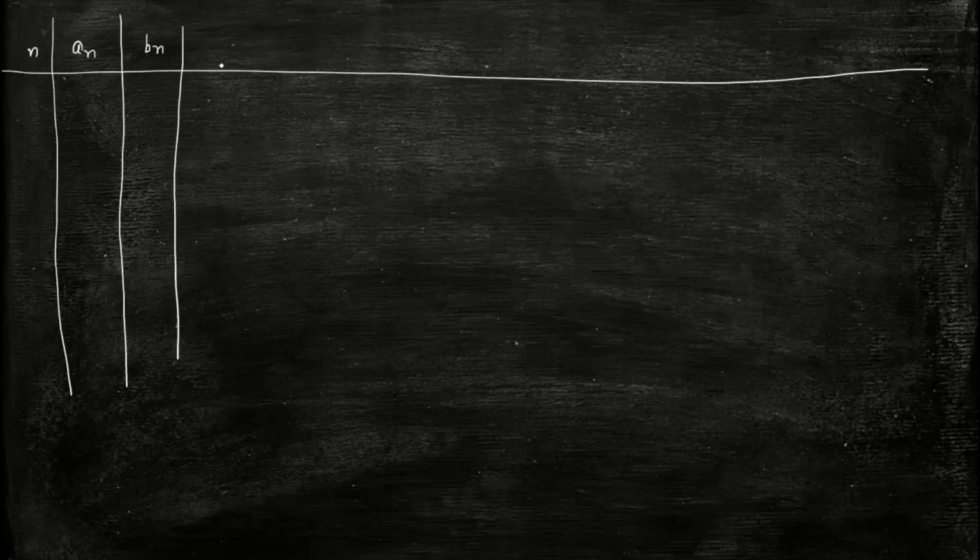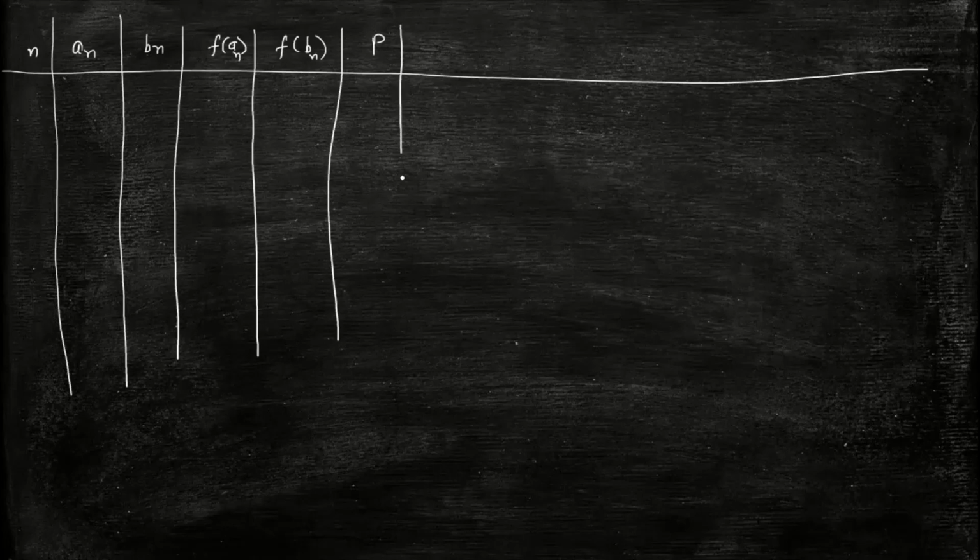Then we write the sign of f(an) and f(bn), since we are only bothered about the sign. Then we calculate the midpoint p of a and b. Then we calculate f of p, again only bothered about its sign.